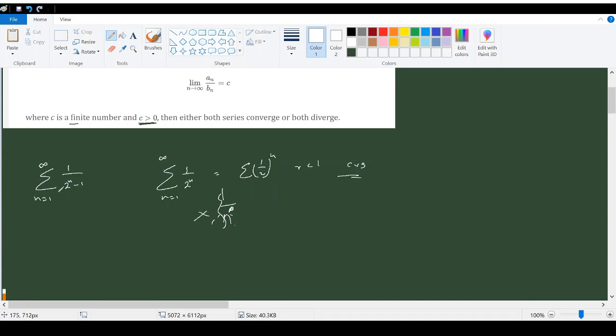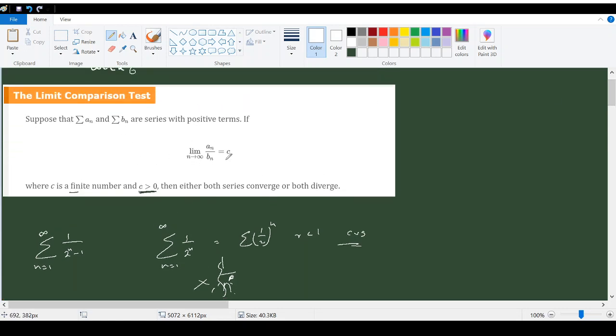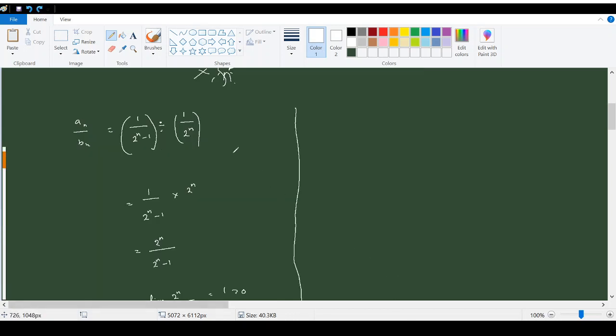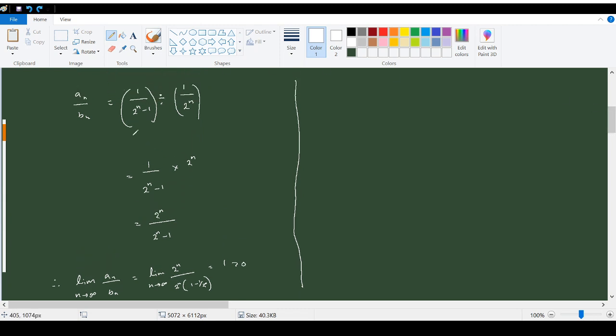And so now we need to find this one through the limit comparison test. Let's name this one as an, and we will have this one as bn. Let's see what will happen if we divide an by bn. When you divide an by bn, you will end up with 2 to the power n divided by 2n minus 1.